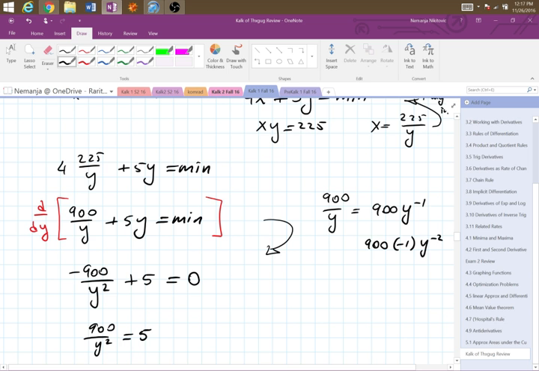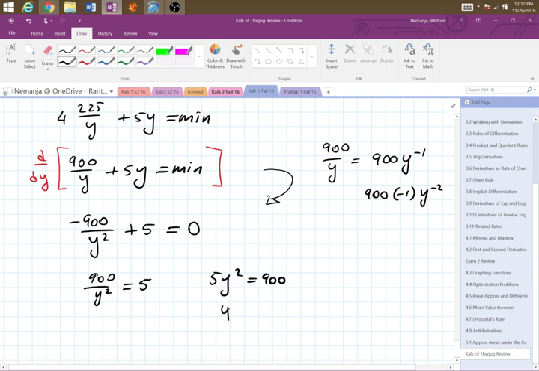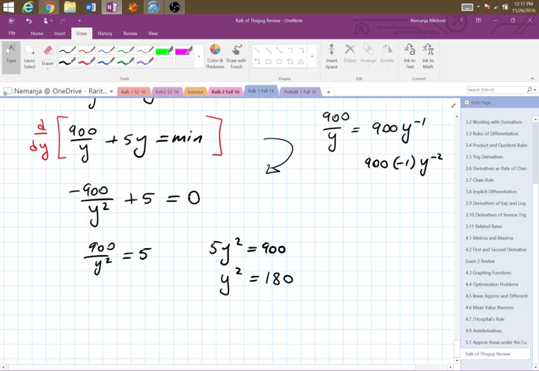I move negative 900 to the other side, becomes positive. So 5y squared is 900. Y squared is 900 divided by 5, which is 180. Then we square root both sides and we drop the plus and minus, keeping just the positive because y is a positive value.